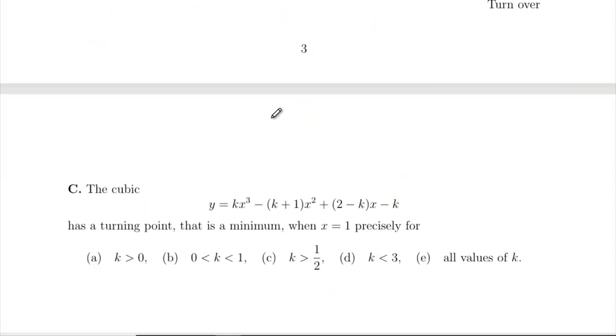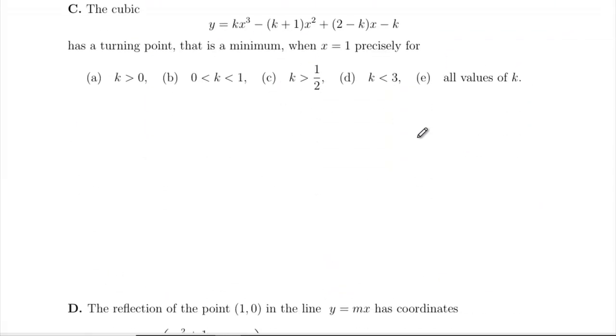Okay, all good. Question C, we got a cubic. It's got a turning point as a minimum when x is 1 for what values of k? Right, so differentiation time. y dash is 3k x squared minus (2k plus 1)x plus 2 minus k.